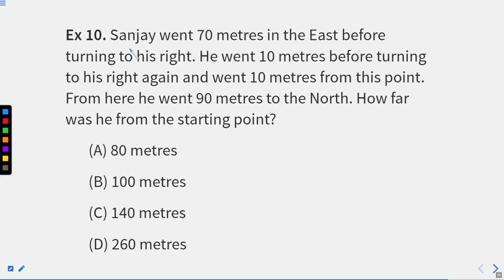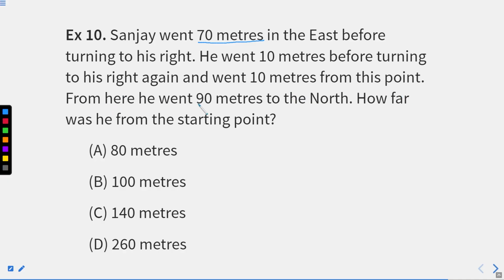The first thing that we will do is to read the question, right? So the question says, Sanjay went 70 meters east before turning to his right. And then he definitely turned right. He went 10 meters before turning to his right again and went 10 meters from this point.